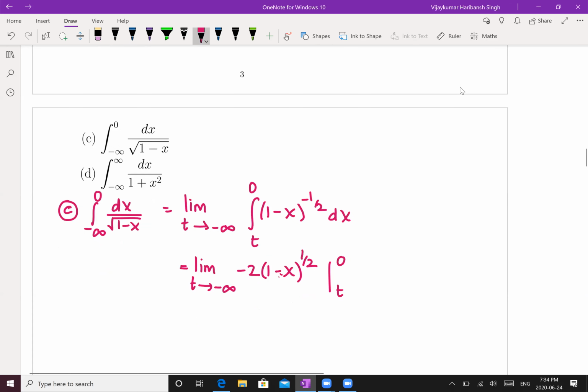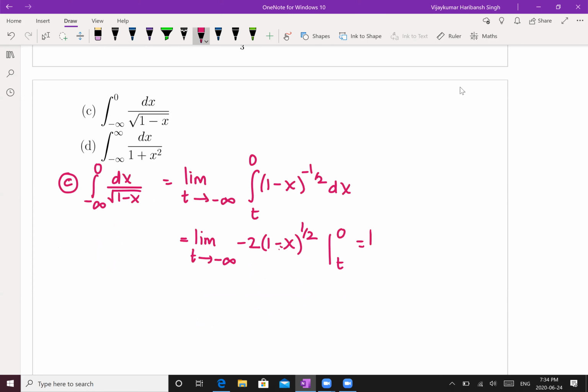That is going to be the limit as t goes to negative infinity. When you put 0, what do you get? You get minus 2, minus of minus, plus 2 times 1 minus t to the power half. Now we have to evaluate this limit.